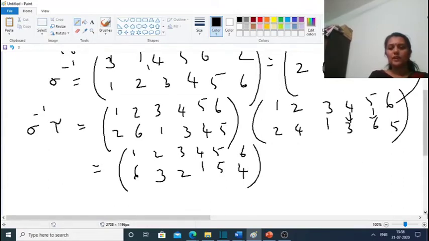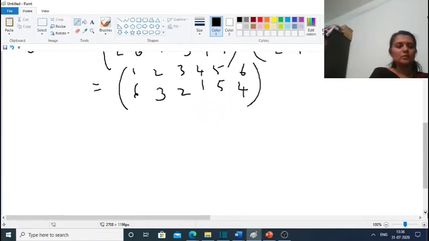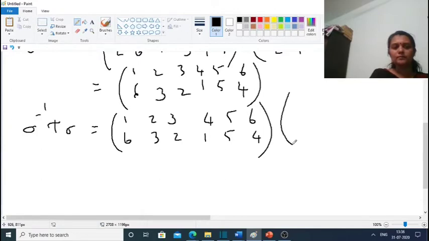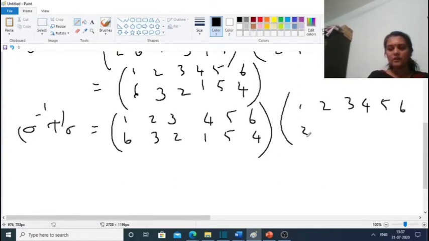Now we have to find sigma inverse tau sigma, which is equal to (1 2 3 4 5 6 / 6 3 2 1 5 4) into sigma, which we have already found: (1 2 3 4 5 6 / 3 1 4 5 6 2).